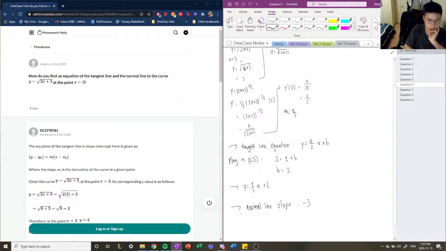Okay, so the equation is y equals negative 3x plus b. And we plug in (3, 3), and we get 3 equals negative 9 plus b, so b equals 12.